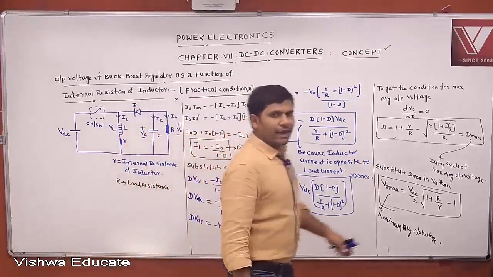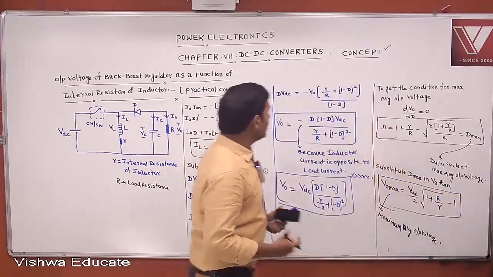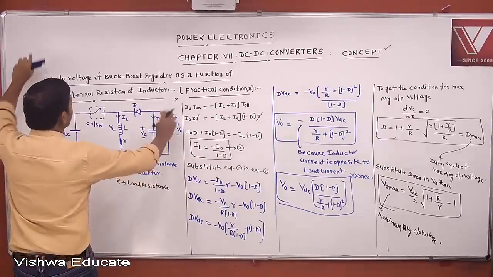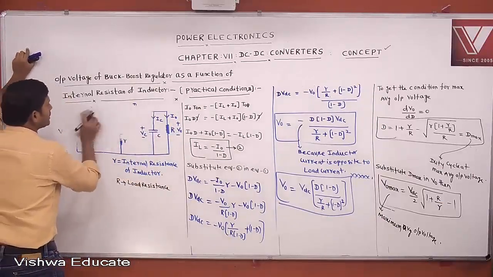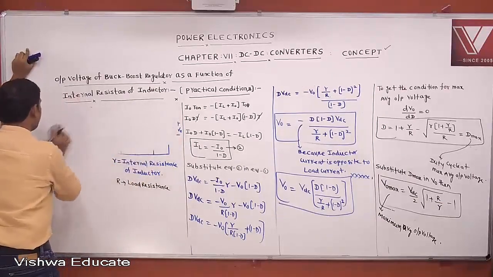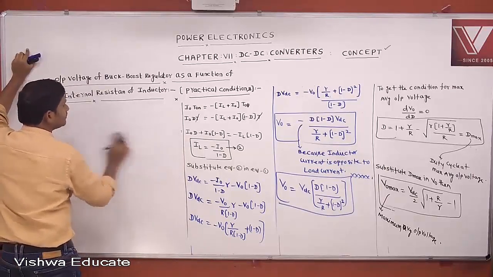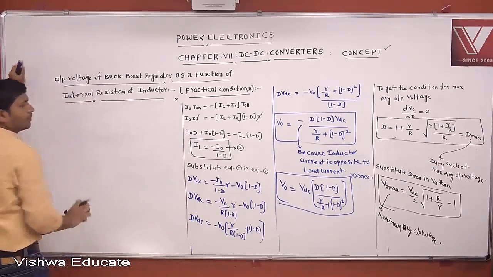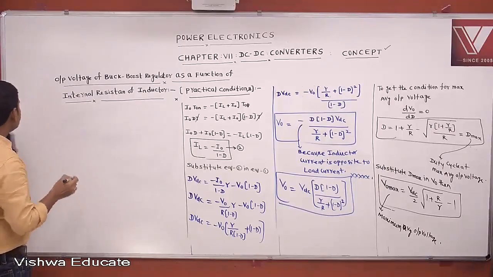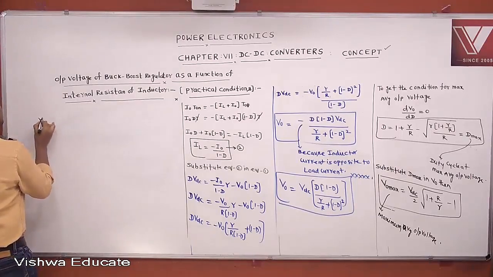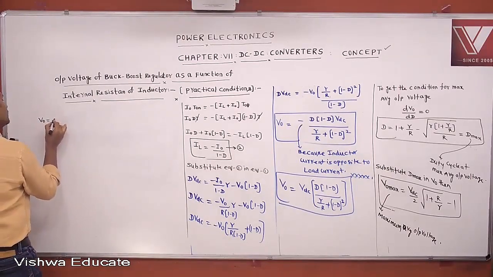Then if you draw the characteristics by considering both the equations, what you get, you tell me. By considering internal resistance of inductor, what is V0?